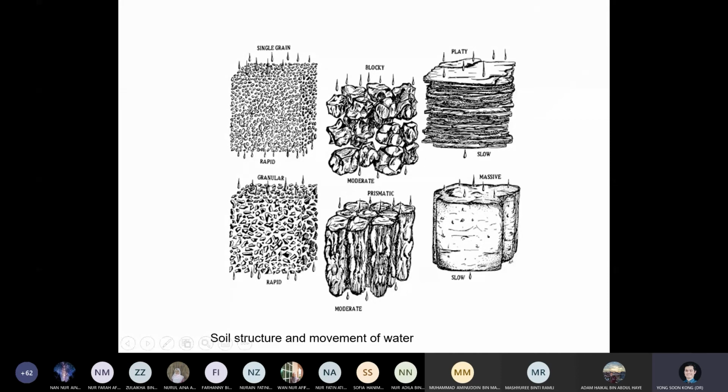As you can see, the first one at the top left is single grain. They look more or less like sand grains, but it's not necessarily due to a high percentage of sand. Sometimes soil that has high clay content might give you this structure as well. I'm also talking about organic soil, which might have single grain with a very small grain size.